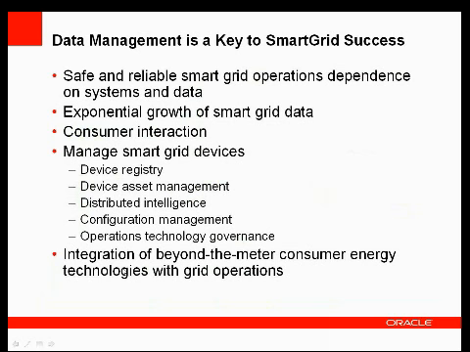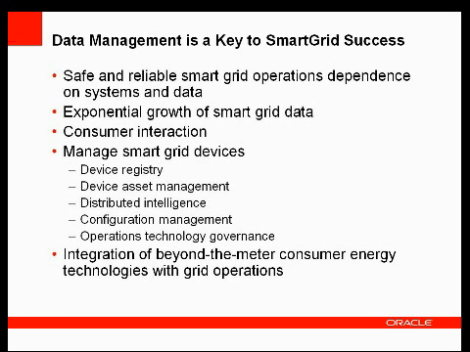So first of all, if we look at the smart grid, and in particular the issues of data, never before has the industry been so dependent on systems and data to provide that safe and reliable operations. And that's kind of an understanding of utilities. The safety and reliability always has to be the priority.